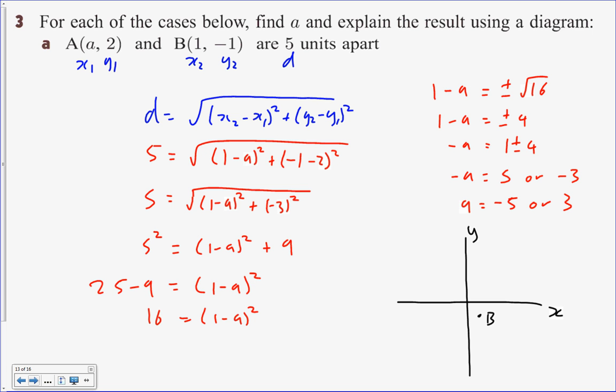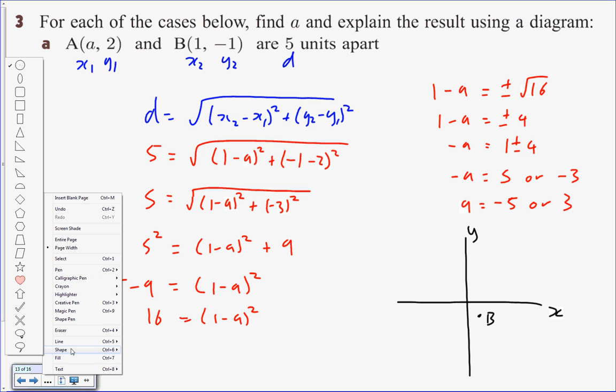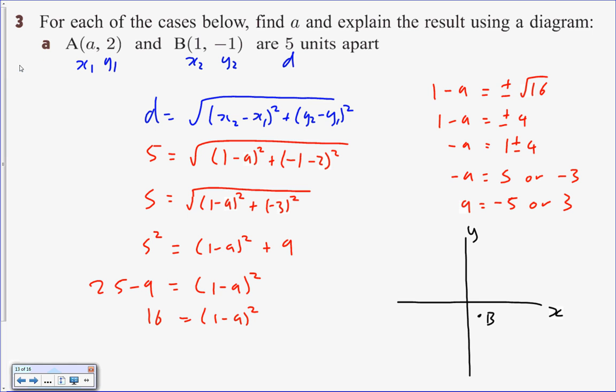So essentially around B we'll have a big circle. So let's draw one of those shapes. Where's my circle? And draw my circle. So that's 5 units long. And then A is going to be here at 2. And so we notice that here it crosses the circle twice. And that's going to be at 3 or -5. Because they are both 5 units away.